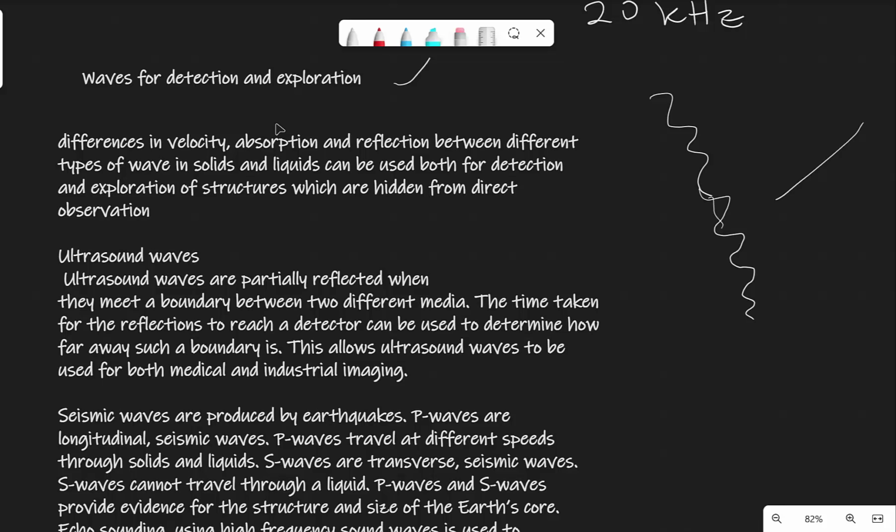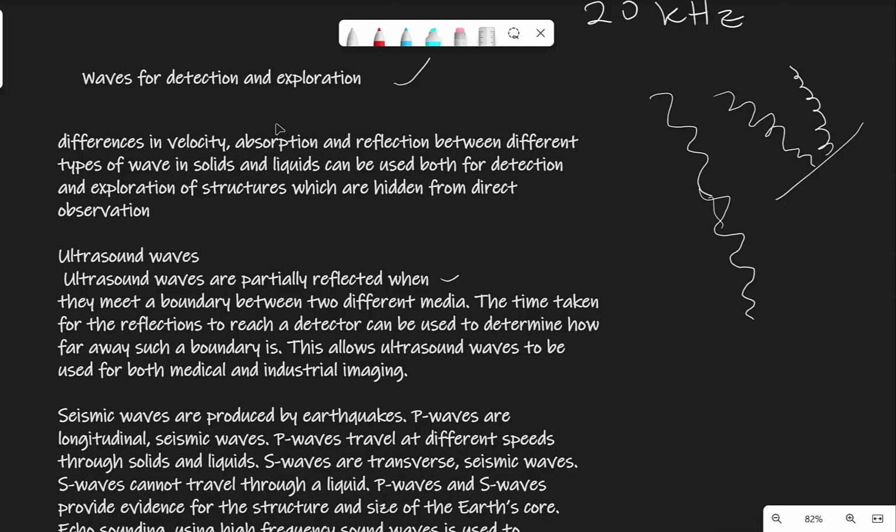However, if there's a surface here, we might shoot a wave, and it might reflect and come back. This could tell us that there is a structure here because the wave has returned. An example of this is ultrasound, which is extensively used in medical physics.